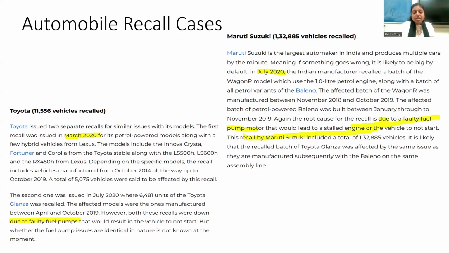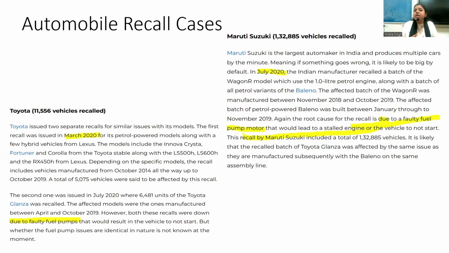So you see, the reasons may be different, the causes may be different, but ultimately the whole system is getting impacted due to a small fault. The whole system is functioning differently. So can you now say that a small component or a small subsystem has a significant role in the whole system?